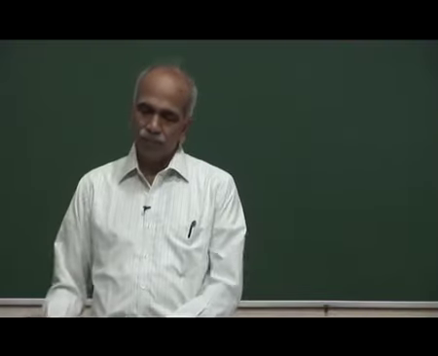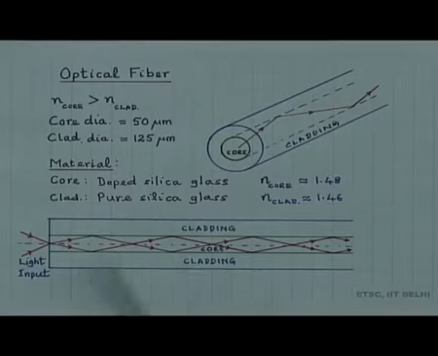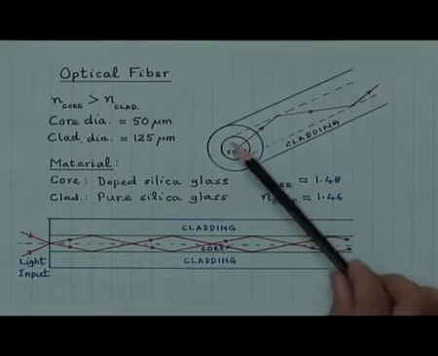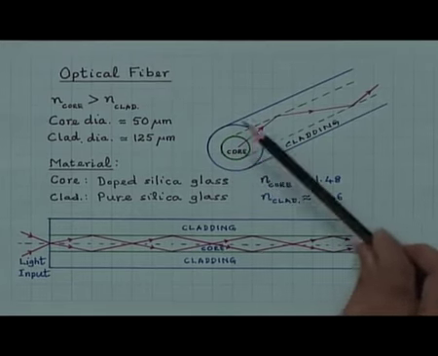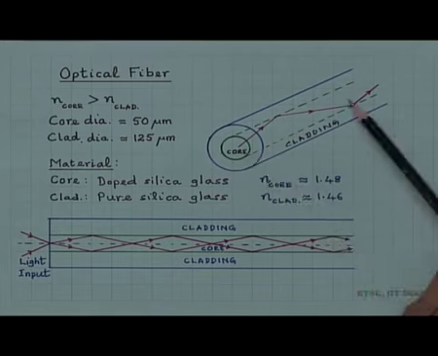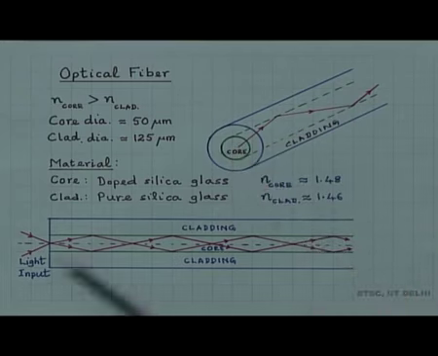So, an optical fiber comprises of two cylinders, that is a central core surrounded by a cladding. Both are glass cylinders which are fused into one another, they are not separable.